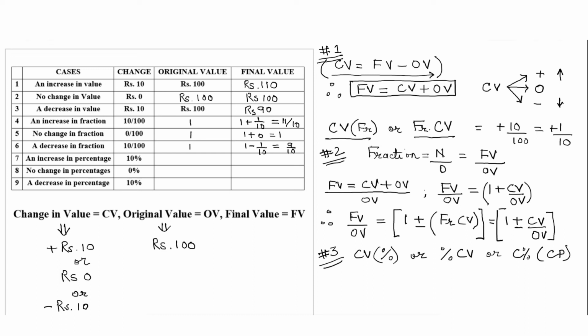Now this CP does not mean cost price. Here P represents change in percentage, or we can say percentage change in value, because if somebody gives you the value and then they are asking for what is the percentage change in value, so in that case we will judiciously use those units or use those terms.